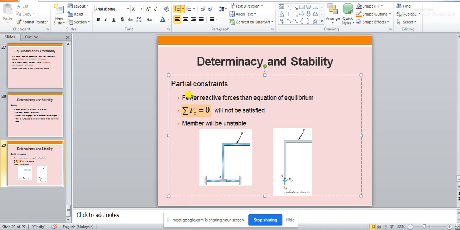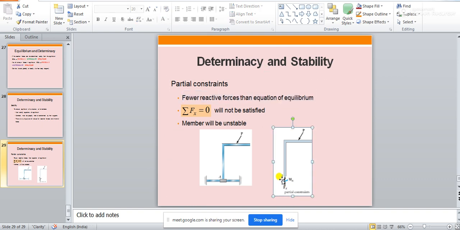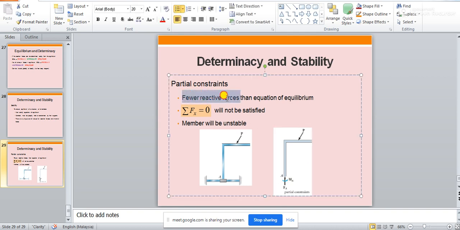So see, the reactive forces versus the equations of equilibrium. What are you getting? You are getting a lesser number of reactive forces. Here you are getting one vertical reaction and one moment, but you are not getting any horizontal force. So you are getting fewer reactive forces than equations of equilibrium.